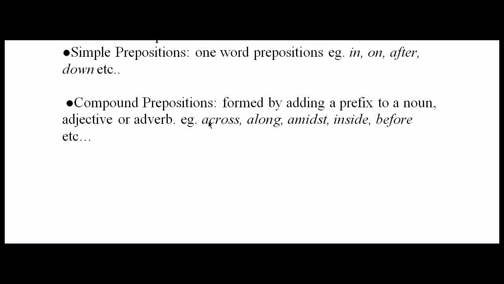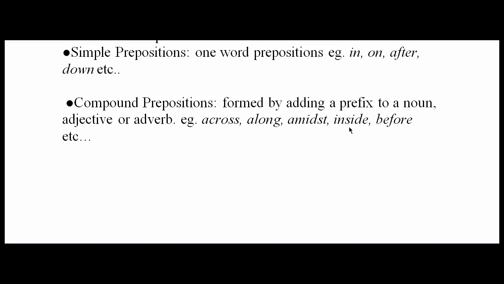Example: cross, we add a, it becomes across. Long, we add a, it becomes along. Prefix means that which is added in the front. The word mist, M-I-D-S-T, middle, we add the word a. Side, we add in, inside.